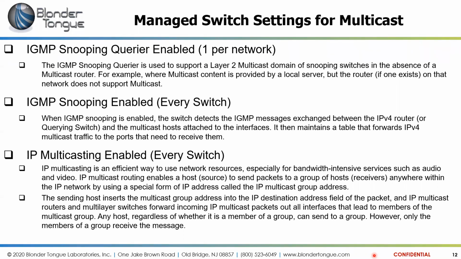So when somebody comes online and says, I want to join 225.10.10.10 and start watching whatever, HGTV or History Network, whatever is on that IP stream, the switch gets this request and sends it to the querier or the router that's running things, and maintains a table that forwards the V4 multicast traffic to the ports that need to receive it.